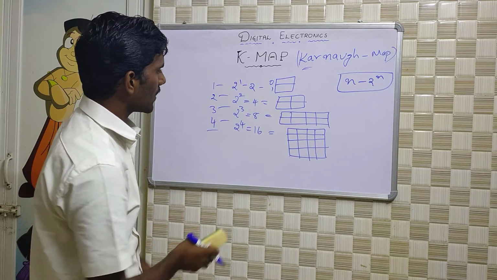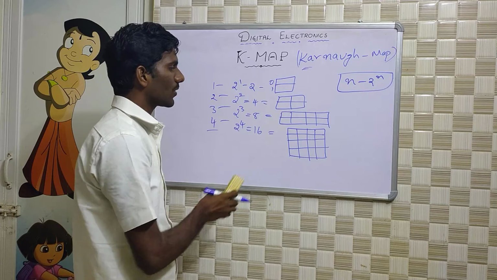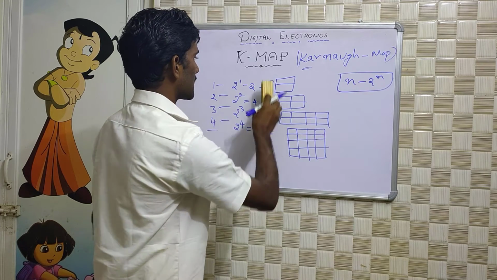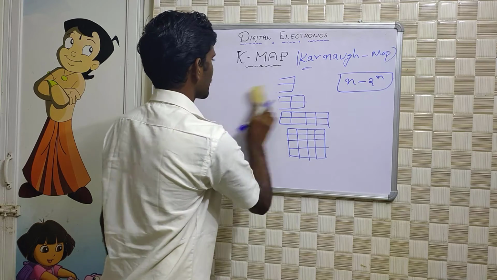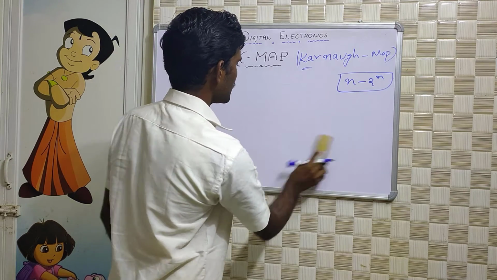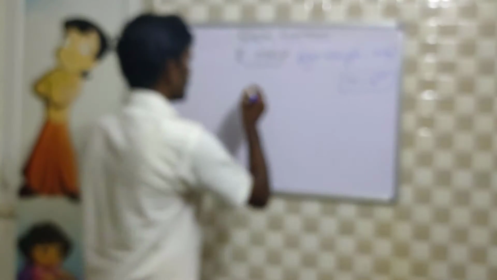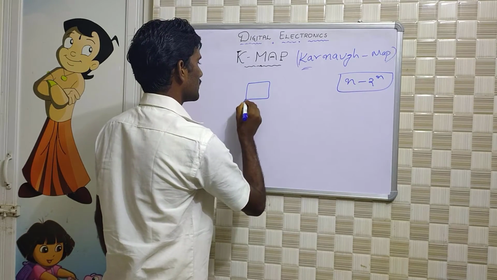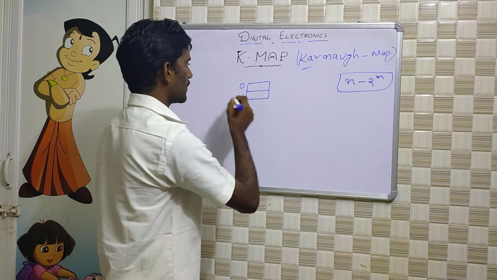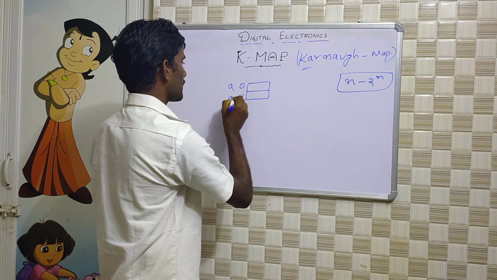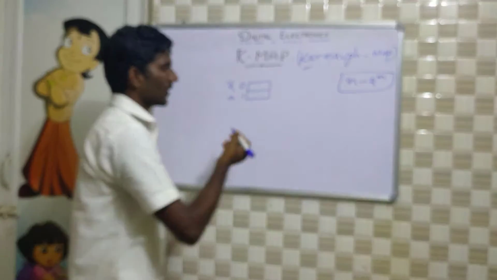We'll see how the gray code will be located in these cells. For one variable it is simple, 0 1, that is A bar, A.